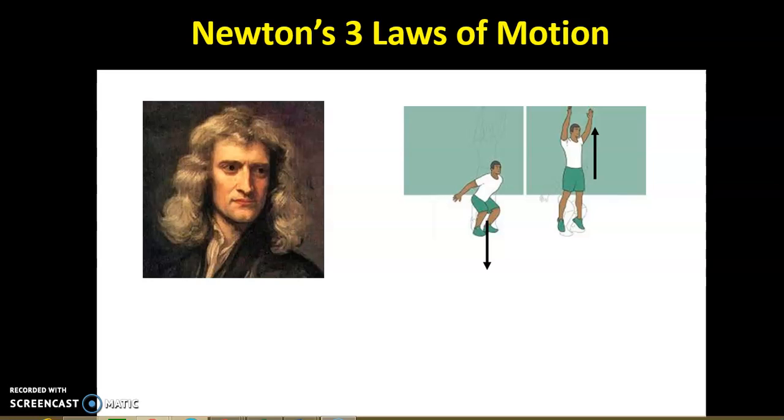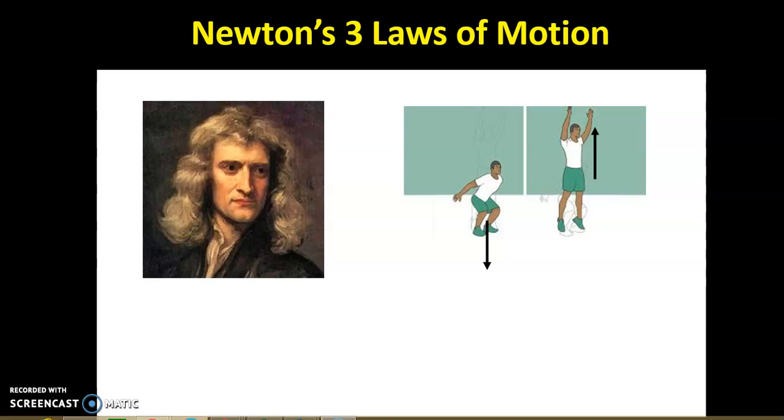So, for an example, a basketball won't bounce without a force applied to it. If it's just sitting there on the floor, it will not move, it will not bounce unless a player acts on it, creating a force for it to bounce. Otherwise, it will just sit there and it won't do anything because of Newton's first law. If 2 forces are opposite and acting on each other, there will be no change in force.